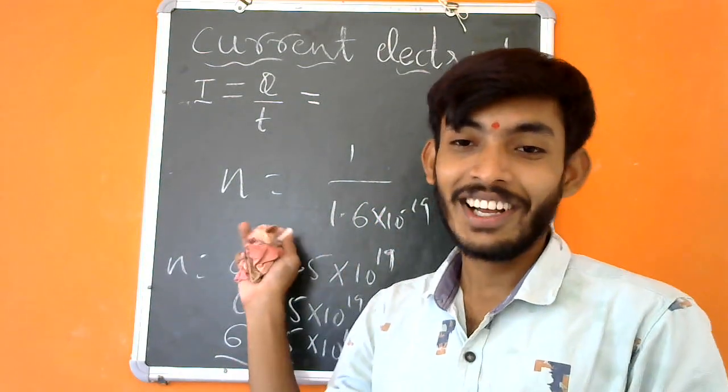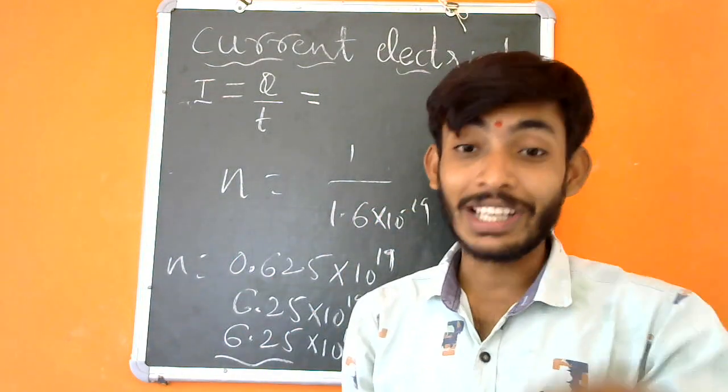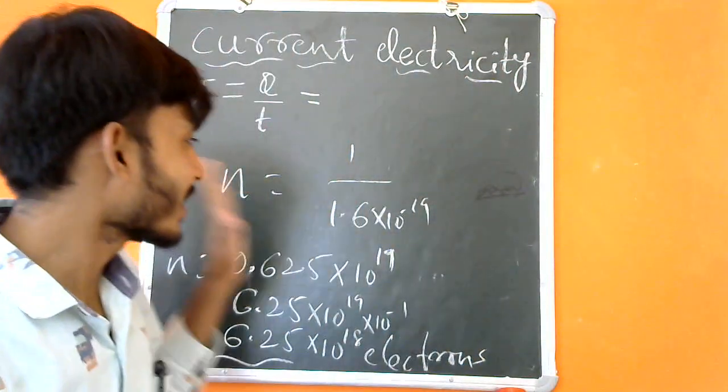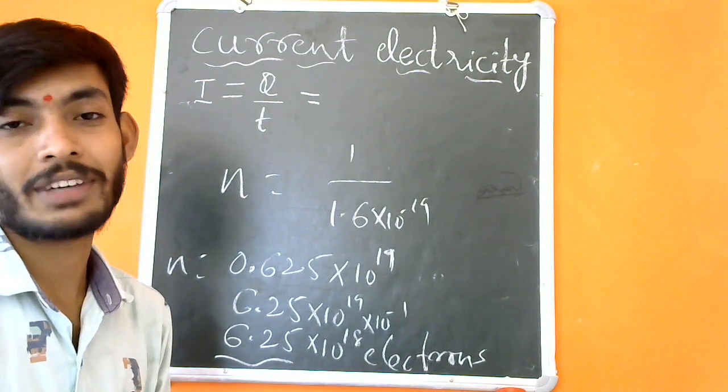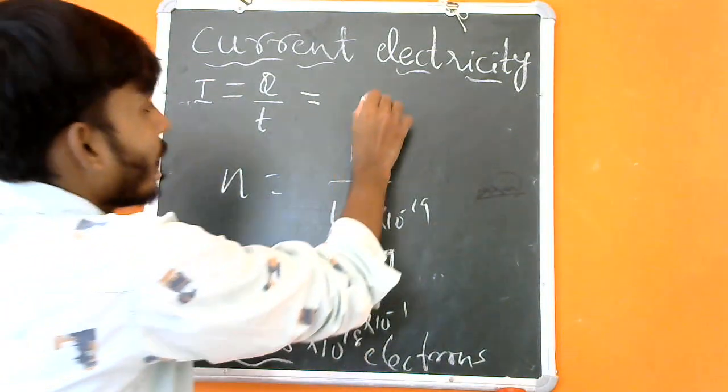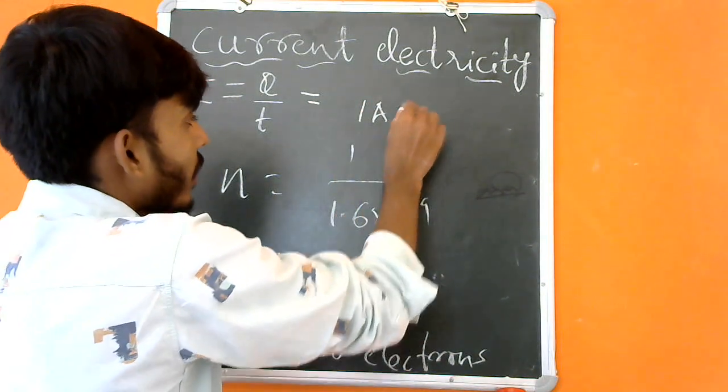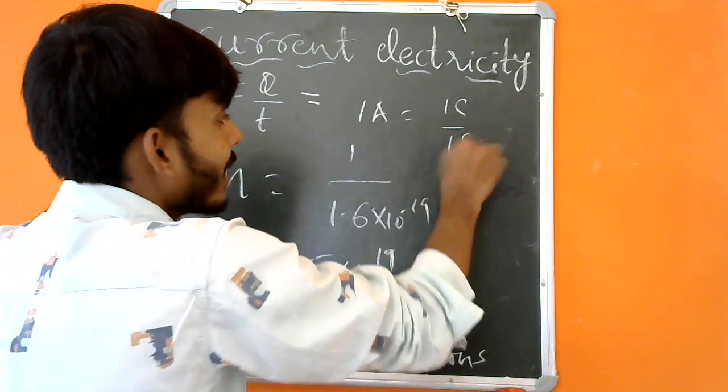That is the meaning with respect to the number of electrons. This is how we can define the unit of current: 1 ampere is equal to 1 coulomb by 1 second.